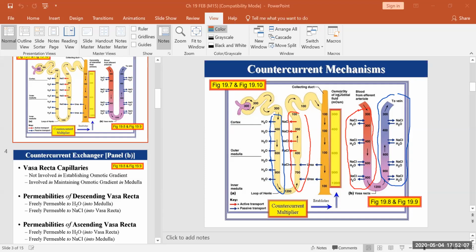If you look closely, this black arrow is going down for the blue part, and the blue part here, the arrow is going up. So this is going down, and this is going up. Oh, I should have done it in the same color.